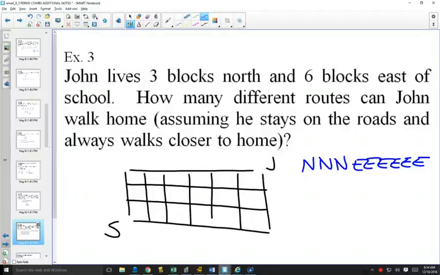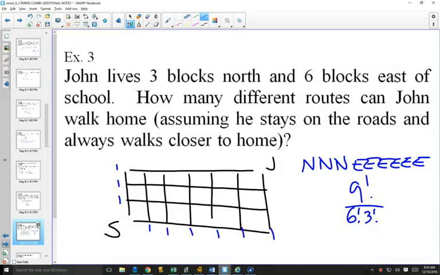So if we think of this as an identical objects question, this would be 9 factorial over 6 factorial, 3 factorial. Do you remember our other technique for figuring this out, where we count the pathways along the way, where all of these will be 1s?